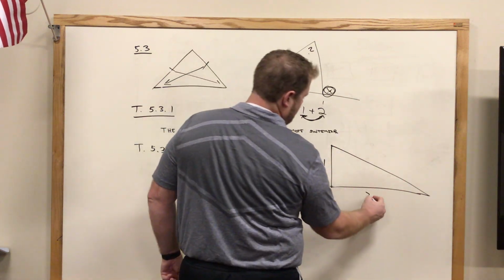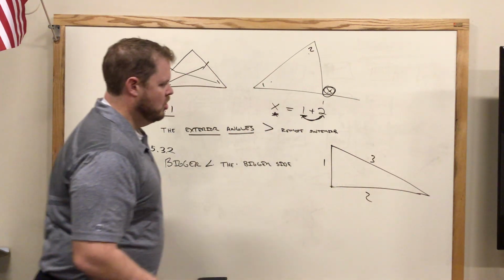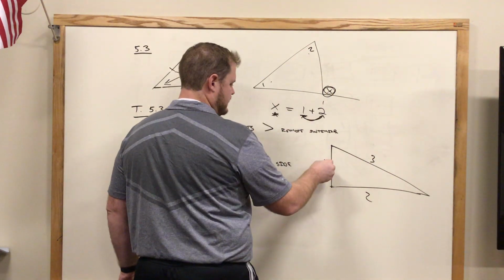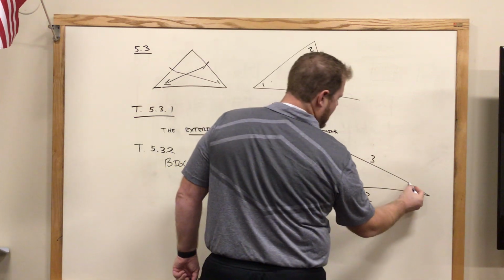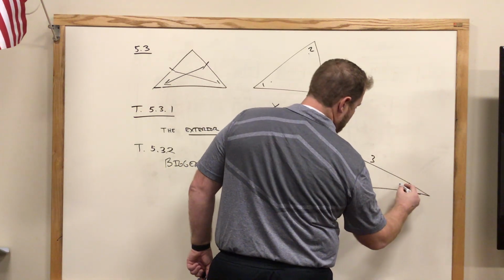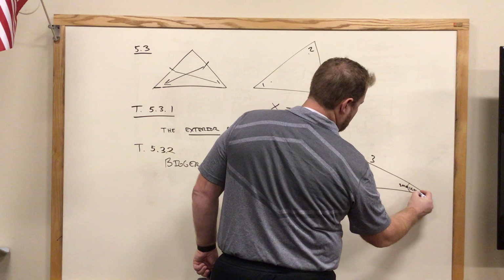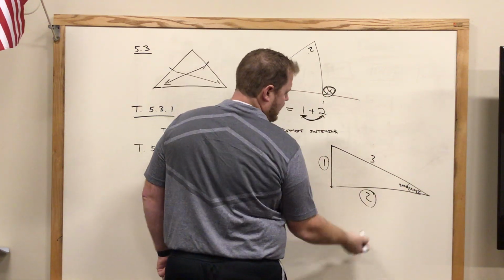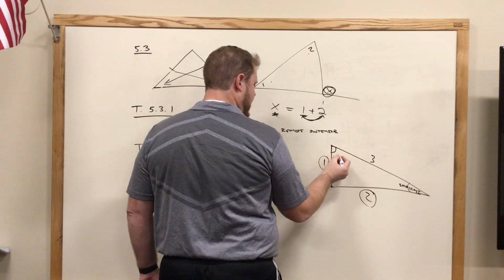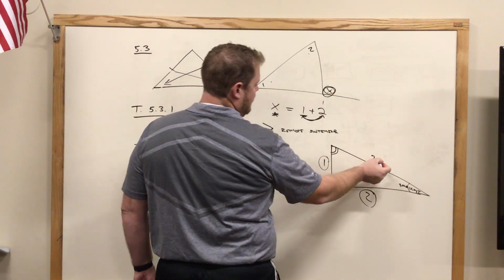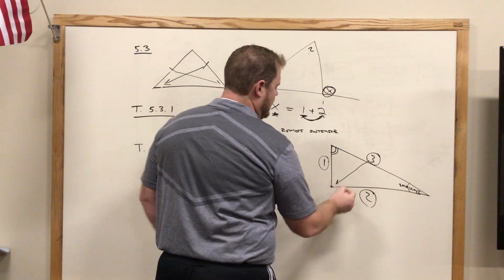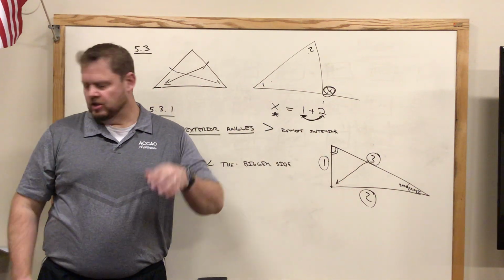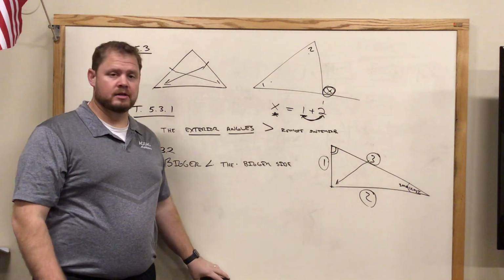We're going to name them 1, 2, 3. Which side is the smallest? 1. So this angle is going to be the smallest. What would be the second smallest? Good. And so the second smallest angle would be here. And 3 would be across from the biggest, the largest. That's very straightforward and should help you understand the concept.